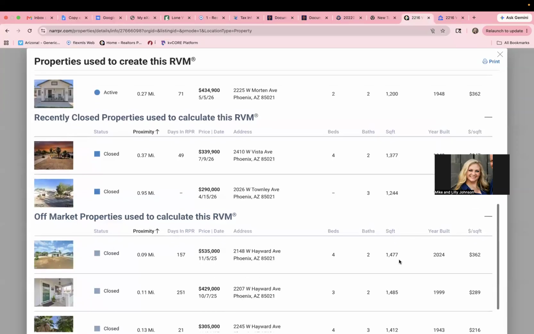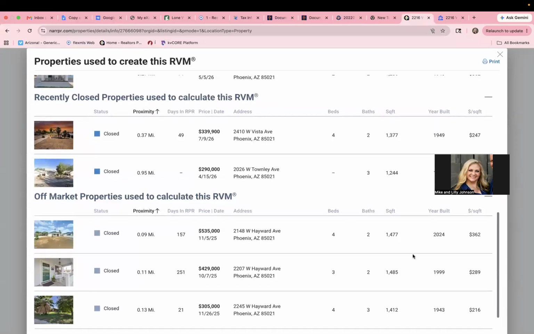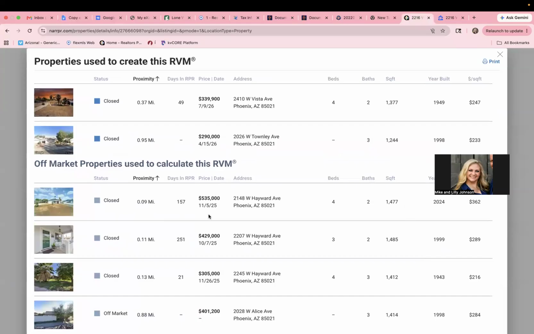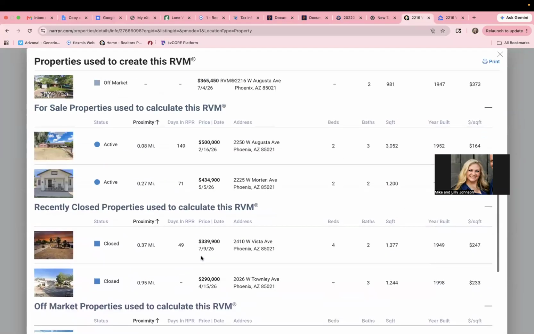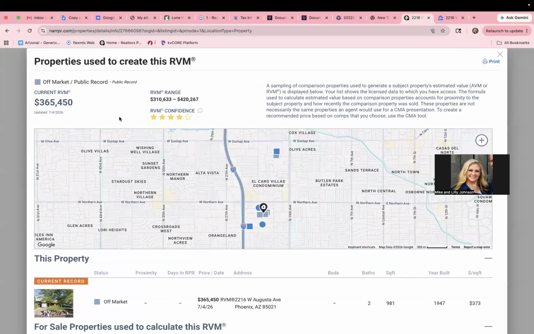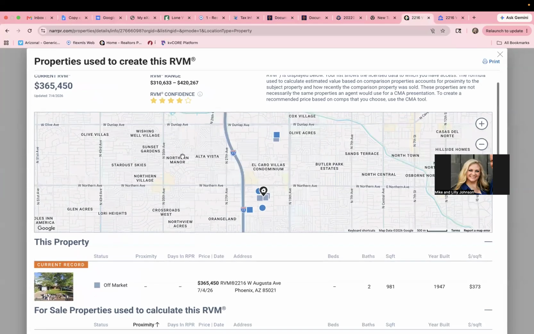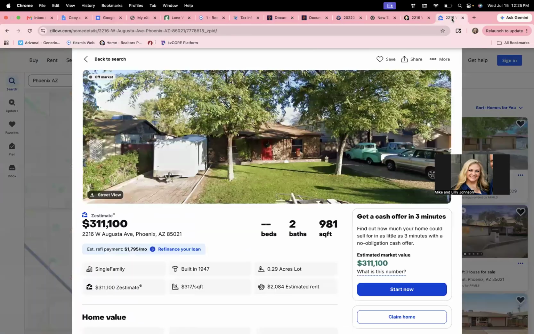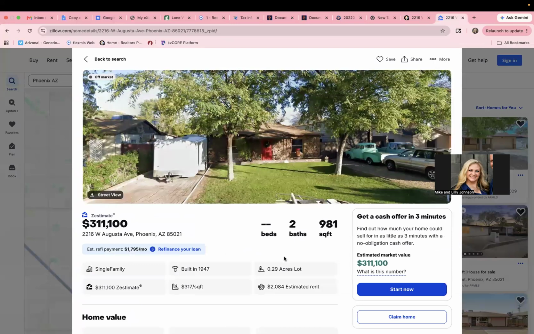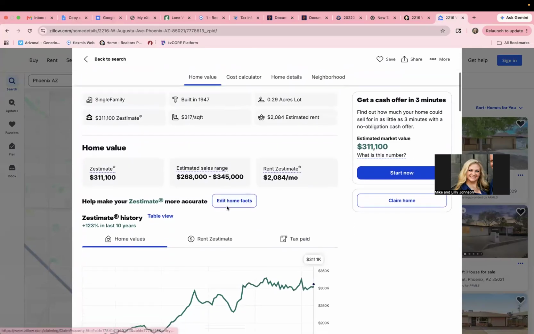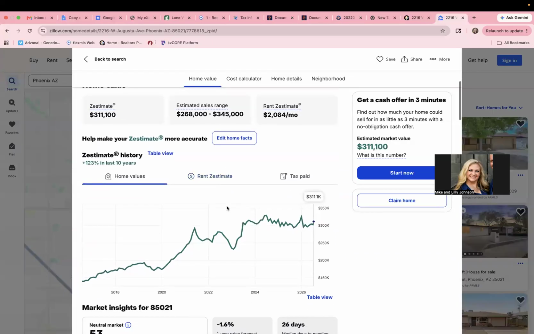I'm just looking at the square footage of some of these and this range. I think 400 is going to be right, especially being backed up to that. And this estimate only has him at 311, so they're probably more accurate than RPR, which is sad. RPR is usually more accurate, but things change.